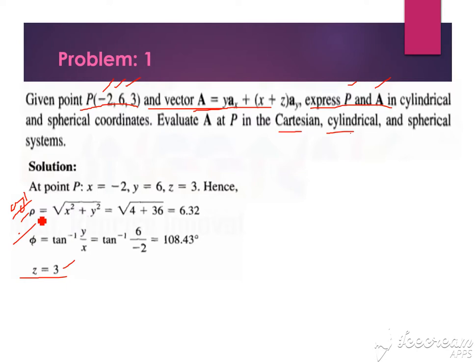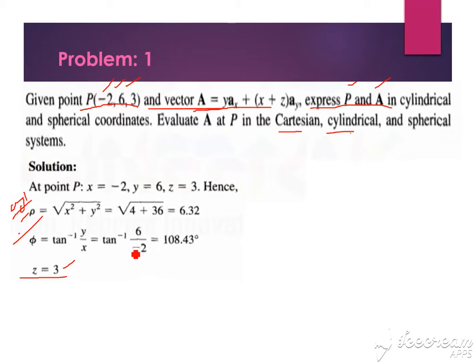So we need to find rho. Rho is nothing but square root of x squared plus y squared. x squared, the square of minus 2, becomes 4 and y squared, the square of 6, becomes 36. While solving this we get 6.32. And phi is equal to tan inverse y by x, tan inverse of 6 by minus 2.